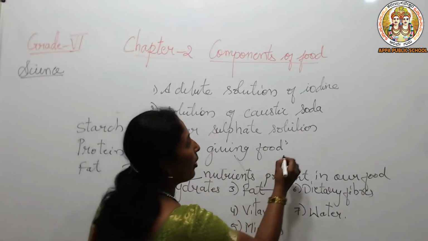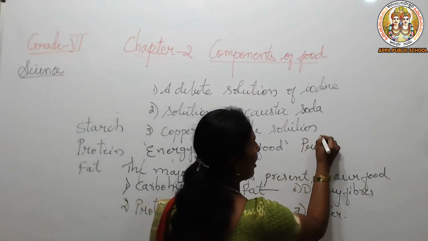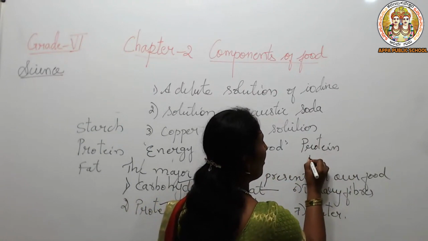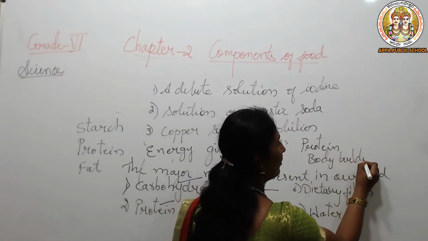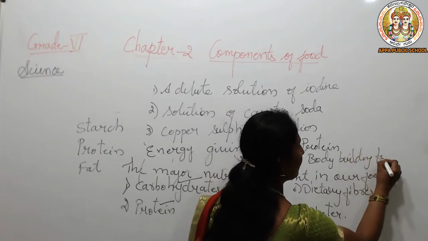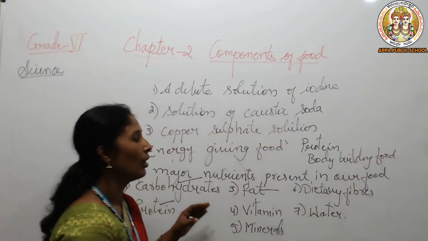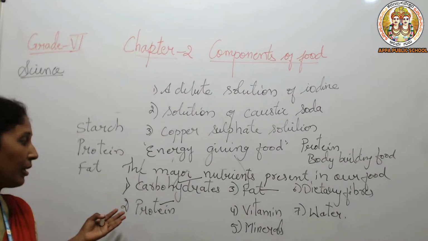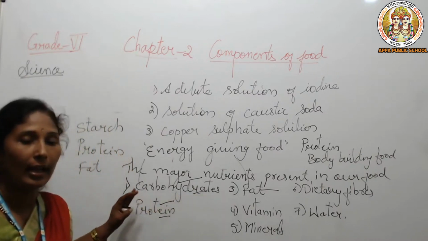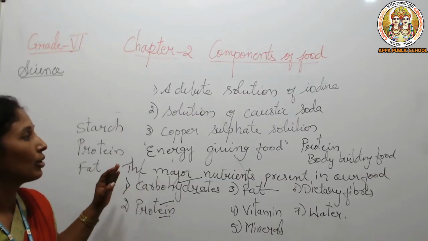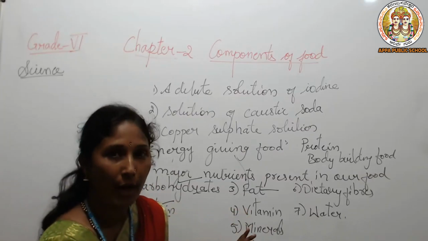We also learned that protein is known as body building food. In the previous class we also studied the difference between protein and carbohydrates. I hope all of you understood.